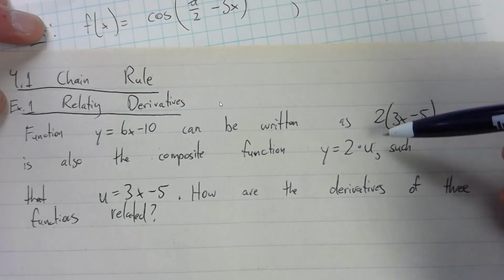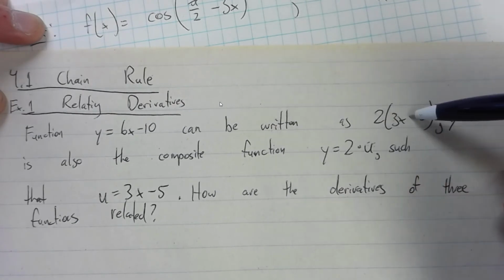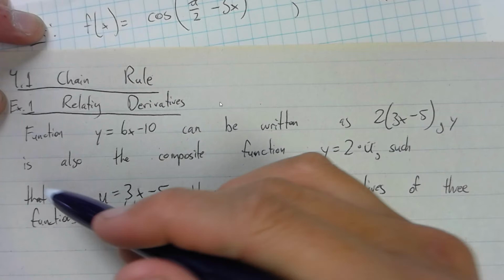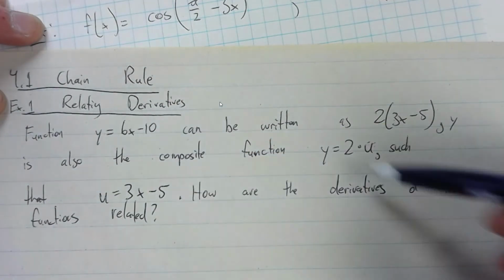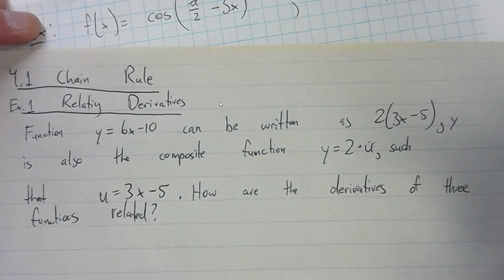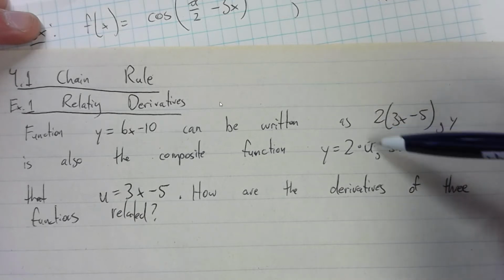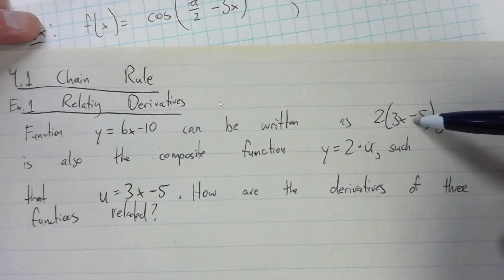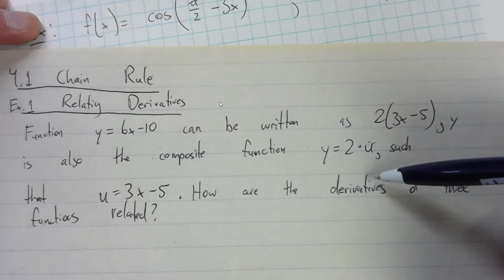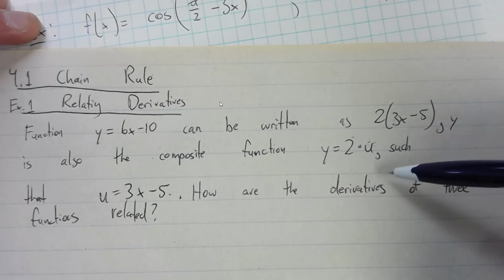So this is equivalent to this if u is equal to 3x minus 5. So you want to write all this down, by the way. Okay, so you can take a minute to pause this and follow along. You're going to have this and this are the same, such that u is equivalent to 3x minus 5. How are the derivatives of this, this, and this all related?